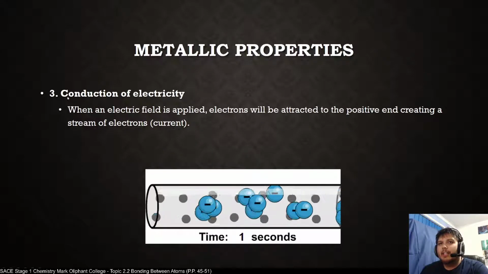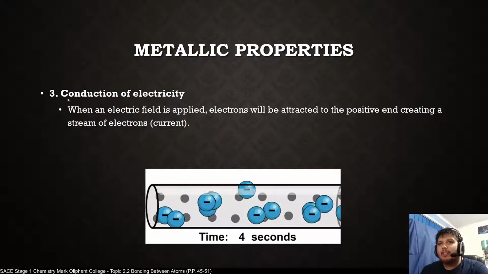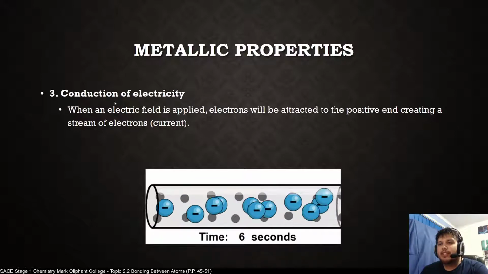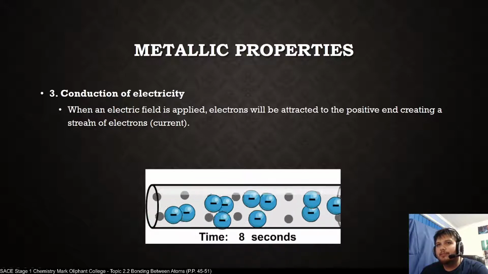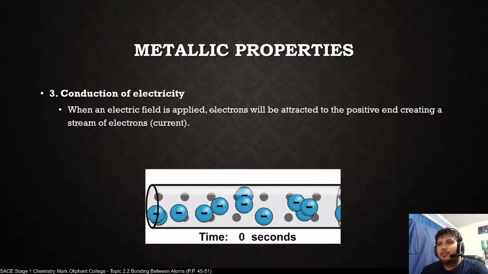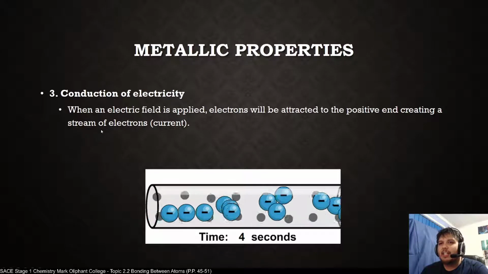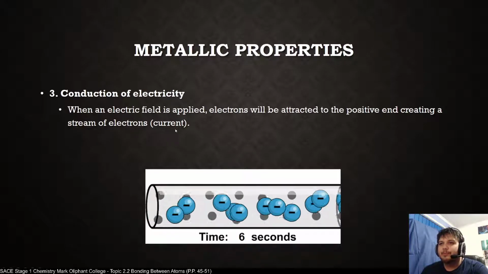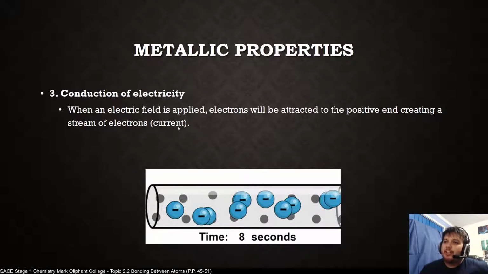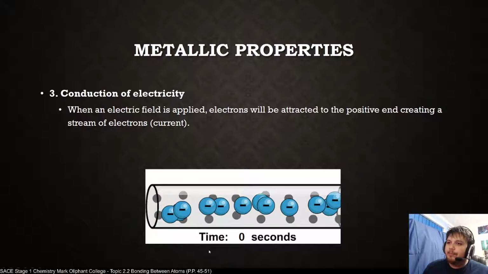And our third one is the conduction of electricity. This again is because of our free electrons. When an electric field is applied, electrons will be attracted to the positive end, creating a stream of electrons. This is also called an electron current or an electricity current.